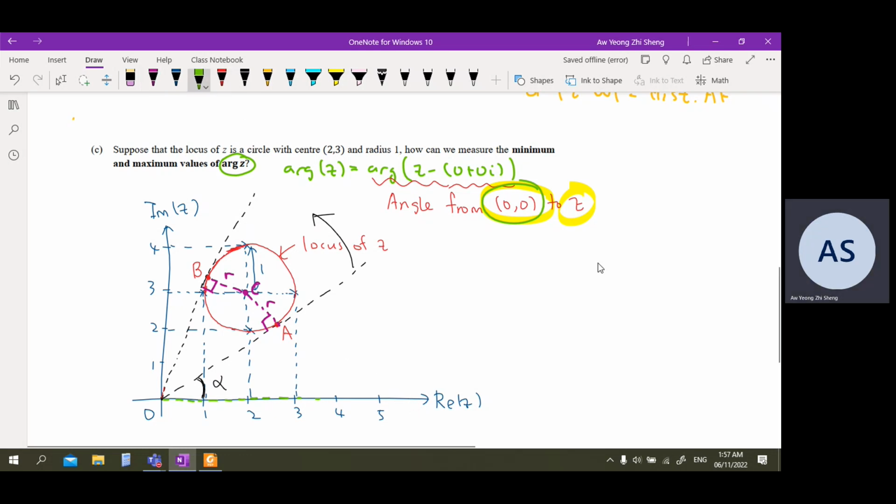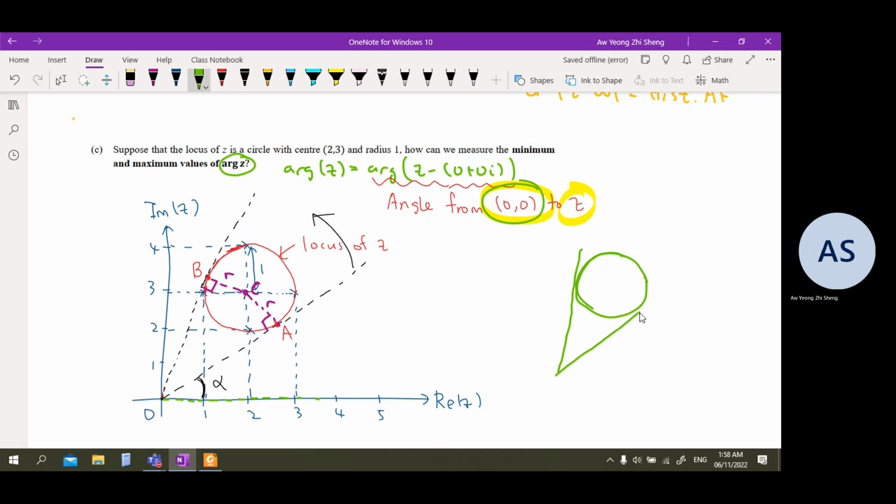Now, recall from your secondary school knowledge that when you have two tangents to a circle from a common external point, let's call it P here, then it is guaranteed that the two right angle triangles PCA and PCB must be congruent.